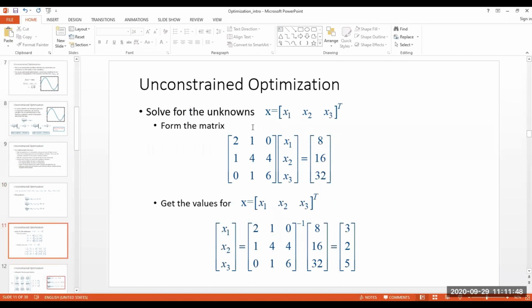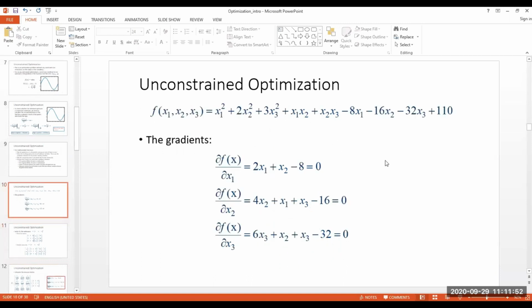Then you can put them into matrix form, okay? You see, actually this is a typo problem. In the matrix formation, this x3 is not there. So if you form the matrix, you take the constant terms to the right hand side.